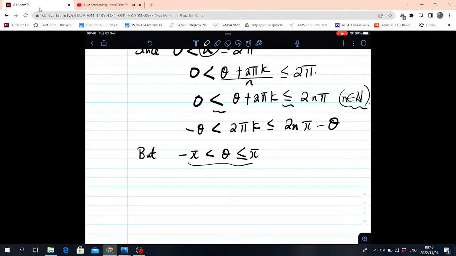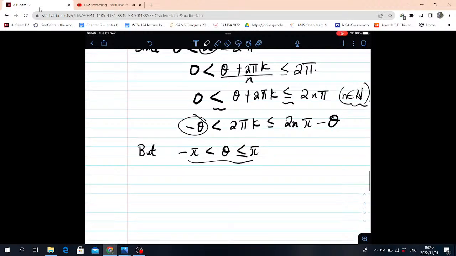So if I've got minus theta there, I can easily put minus pi there, because if theta is between minus pi and pi, then minus pi will be less than minus theta, which would be less than 2 pi k, which would be less than 2n pi minus theta.